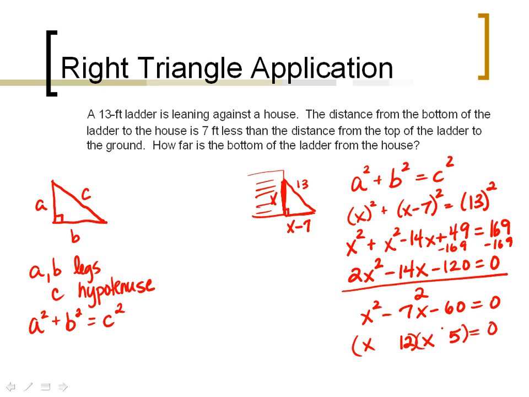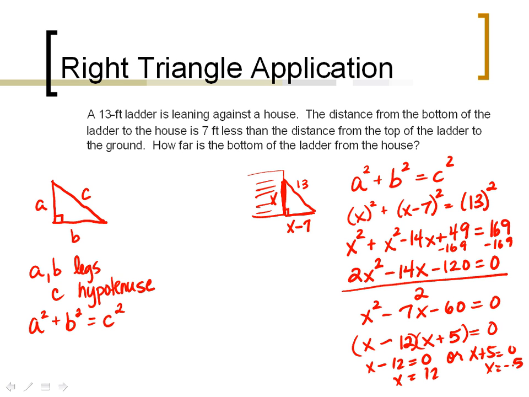But if we use factoring, if the last sign is a difference, they have to be different signs with the middle one negative, or the larger one negative. So then we get that x minus 12 is equal to 0, or x plus 5 is equal to 0. So x is either 12 or x is negative 5.